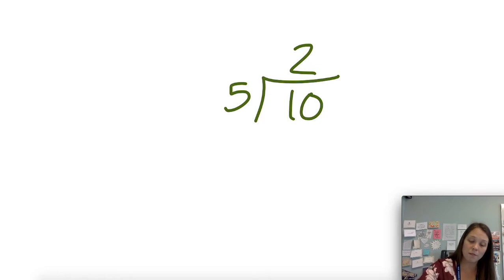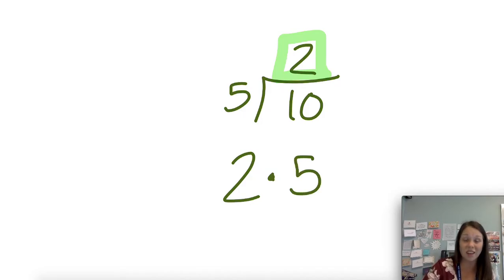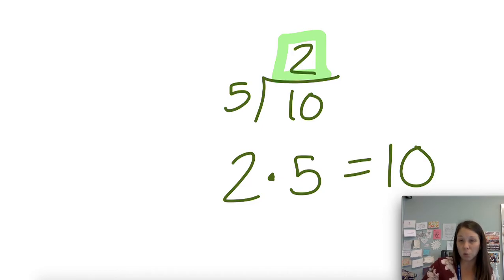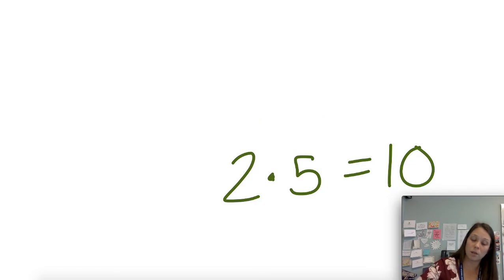So that means if I take my answer from the division and multiply it by the 5, the thing I originally divided by, that equals my original number of 10, because multiplication and division are inverses. So if I take 10 and divide it by 5 and I get 2, that means 2 times 5 equals 10. I'm going to use that same concept to finish up the rest of this problem.